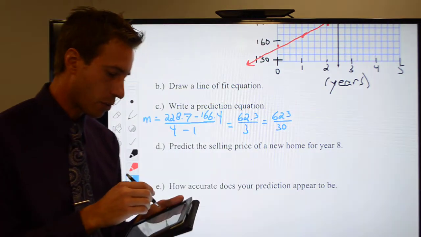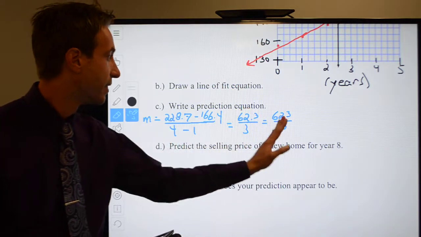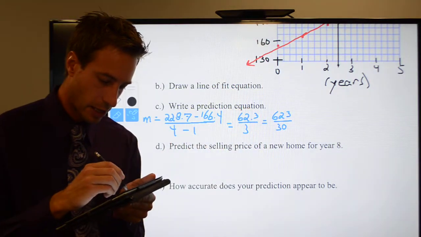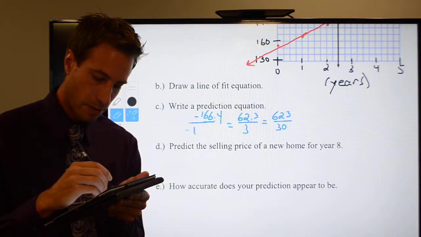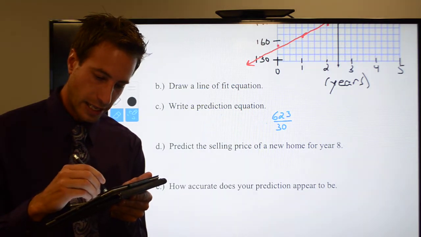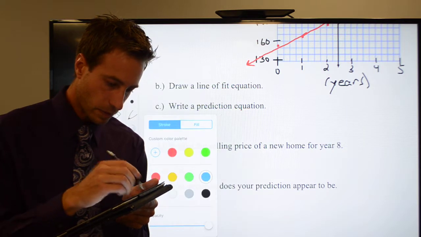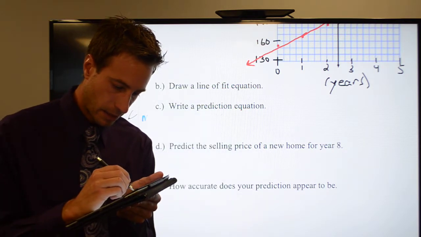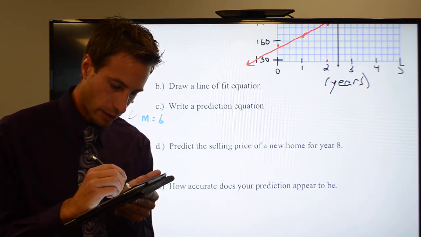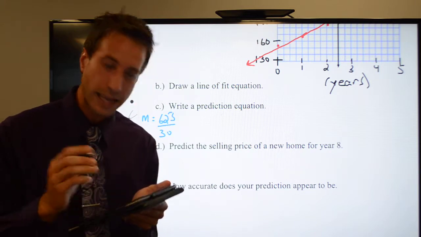Now that I have my slope, let me go ahead and erase this so that I have plenty of space. I'm going to move my slope over to here. Again, it was 623 over 30. So here's my slope. M is equal to 623 over 30. And let's go ahead and start writing that prediction equation.